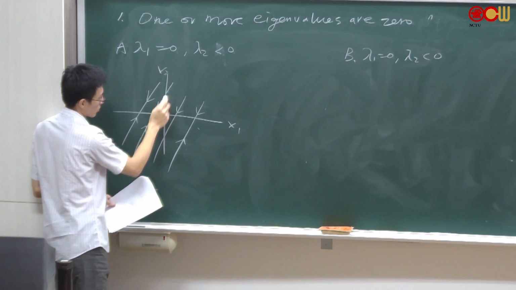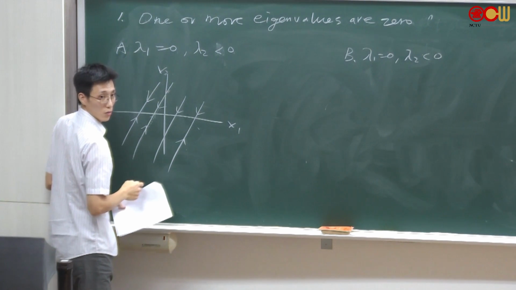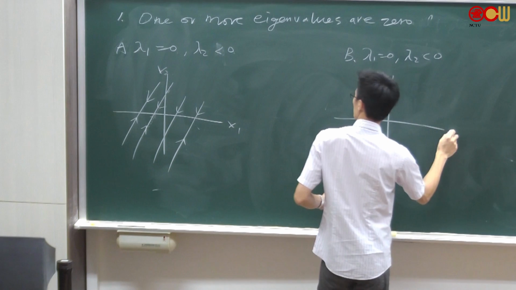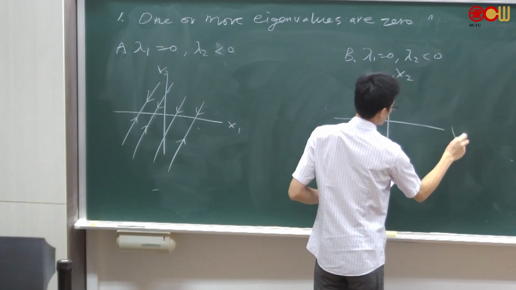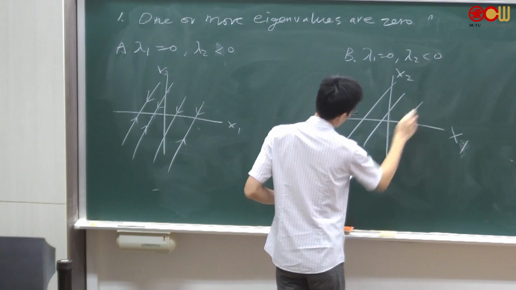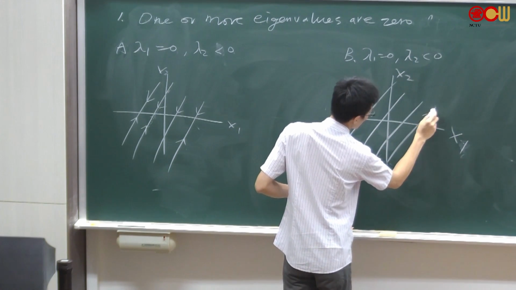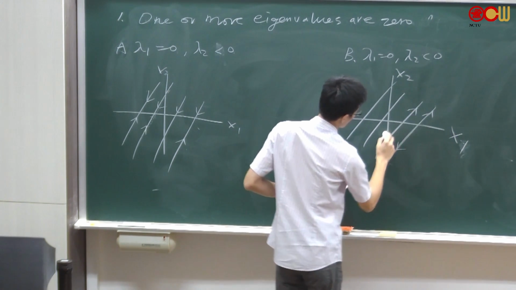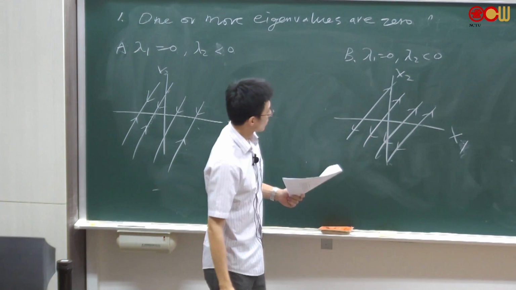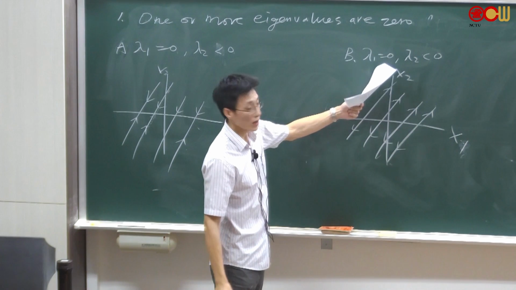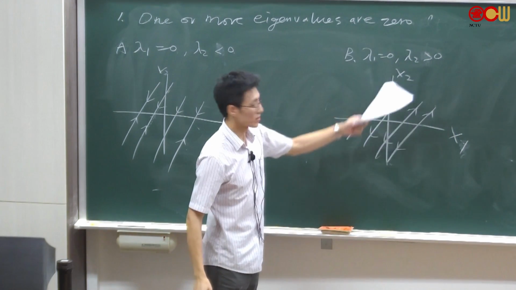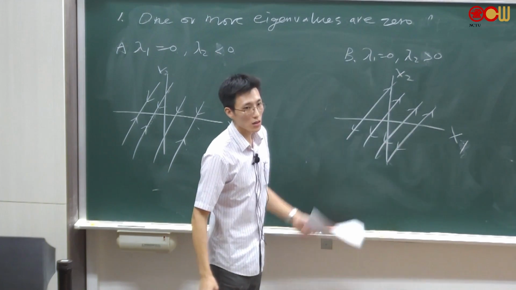However you put it here or here, it's trying to go back to this equilibrium point. But this one is different. It goes outwards. And again, because one eigenvalue is 0 and one is positive, it goes outwards.